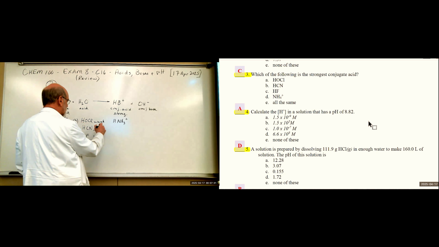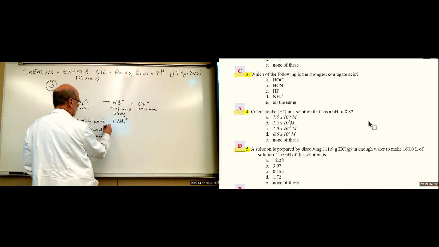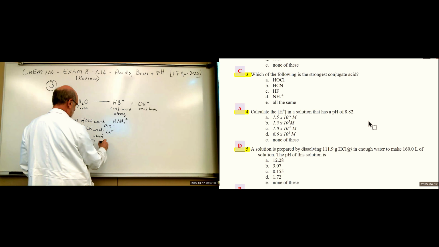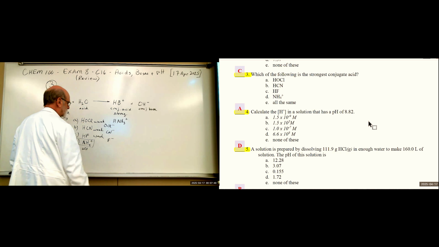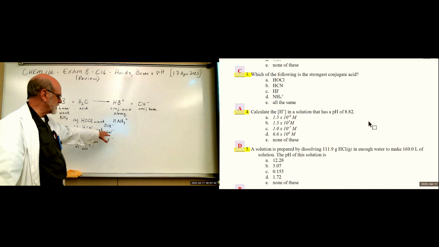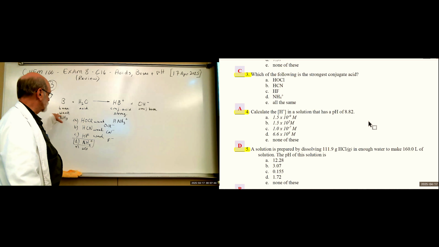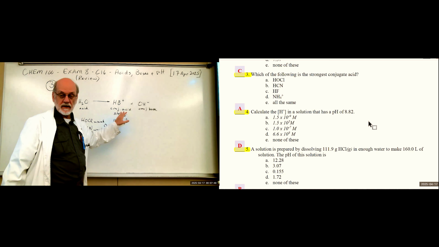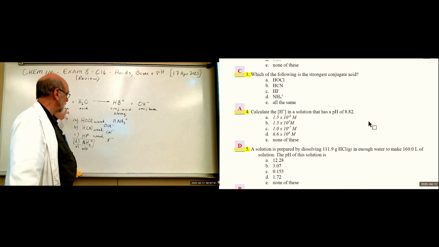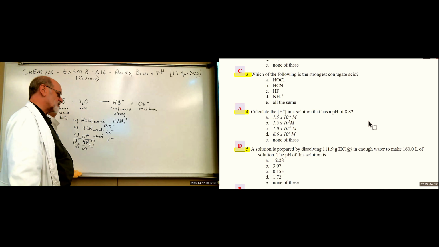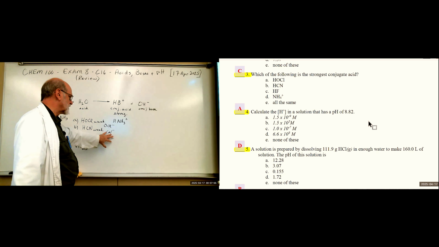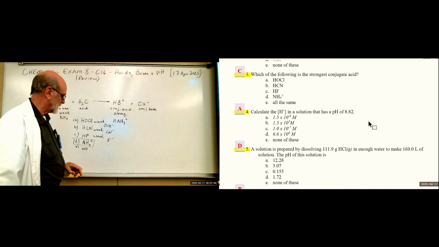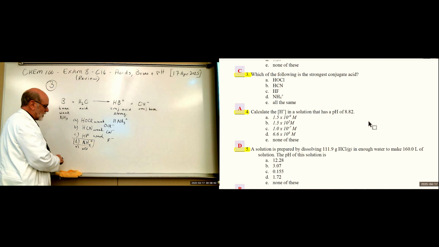And the base for each one of these would simply be what's left over after the hydrogen ion is gone. If these are weak acids, then these are very strong bases. And strong bases do not produce strong conjugate acids. So we found our answer is ammonium.